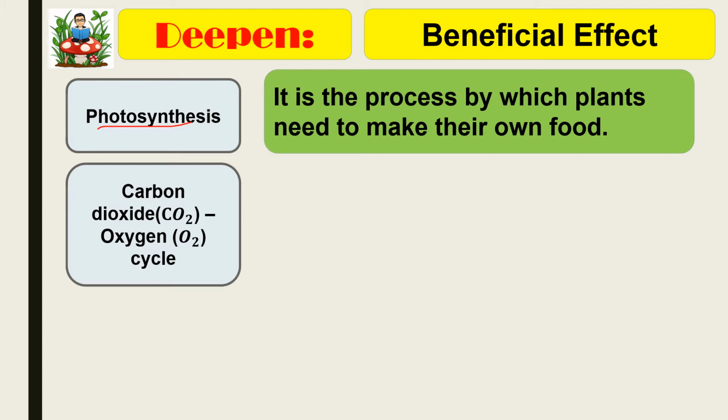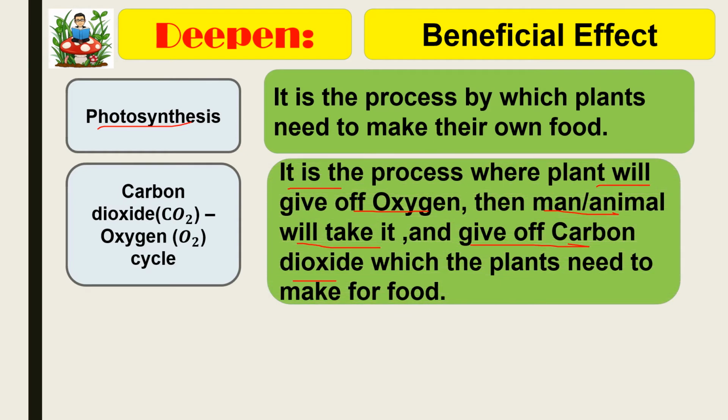Another beneficial effect is the carbon dioxide-oxygen cycle, or the so-called air cycle. So what is the air cycle? It is a process where the plant gives off oxygen as a product of photosynthesis, then humans and animals take it in and give off carbon dioxide. We inhale oxygen that came from the plants, and then we give off carbon dioxide that the plants need to make their own food.